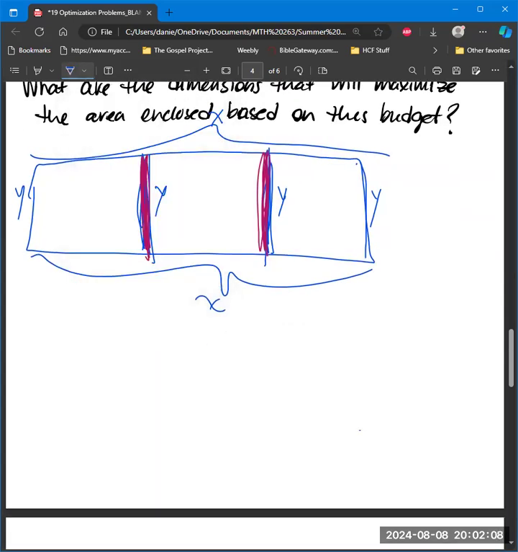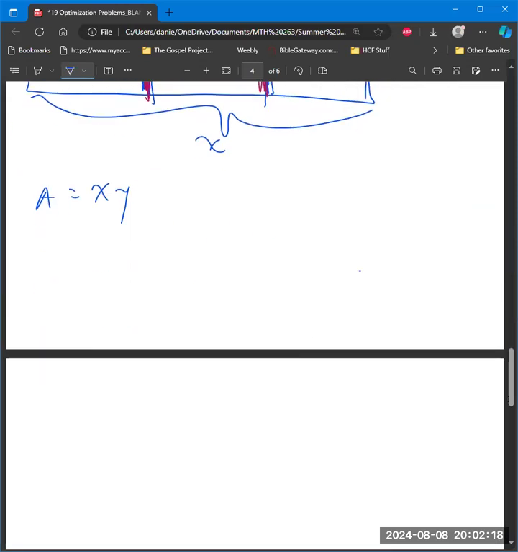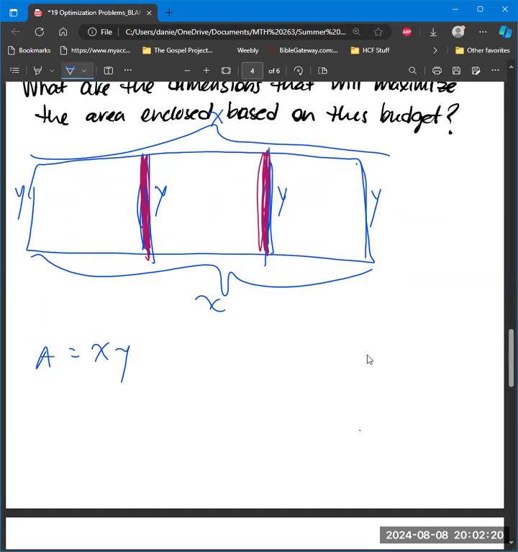So our area function is going to be X times Y. That's pretty easy. We'll want to write that in terms of just one variable in a little bit. Our constraints are our $800 budget, our outside fence is $18 per foot.